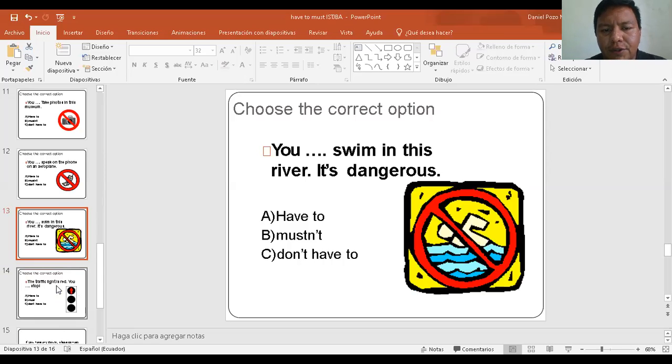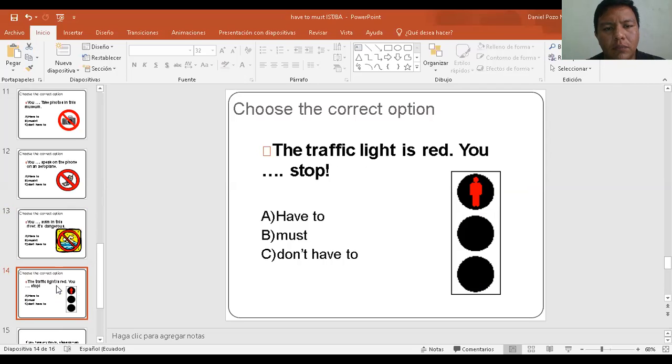It's dangerous. Choose correct. Have to, mustn't, don't have to. Choose a correct option. The traffic light is red. You have to, must, or don't have to.